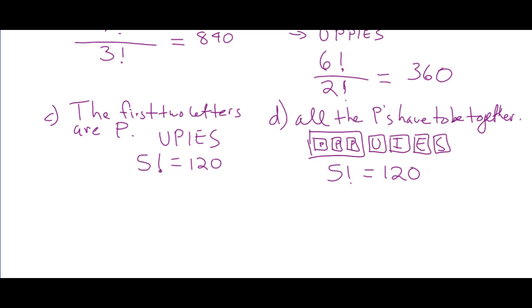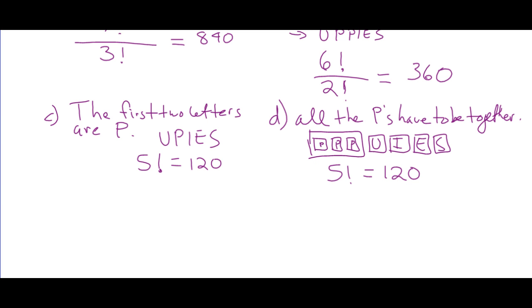Got 120 ways. But what about the P's? How many ways can the P's be arranged? How many distinguishable ways? Only one way, right? We can't tell them apart, right? So if there were little subscripts on them, like P1, P2, P3, then we could tell them apart, right? We got P1, P2, P3, P1, P3, P2, P2, etc. These 6 ways, right?